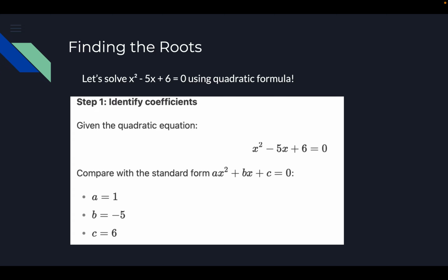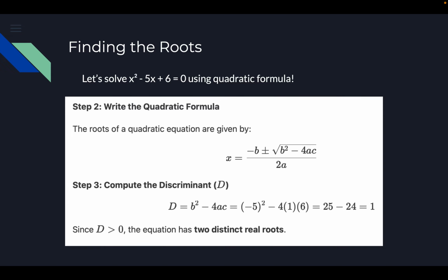For our equation, a = 1, b = -5 and c = 6. In step 2, we write the standard quadratic formula. The roots of a quadratic equation are given by x = (-b ± √(b² - 4ac)) / 2a.